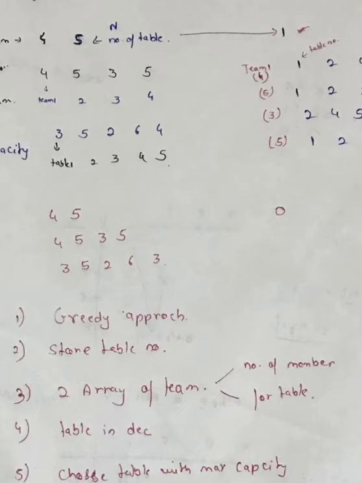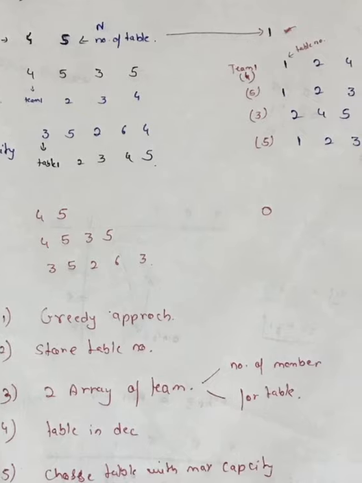Second, you need to maintain 2 arrays, one to maintain the number of members in each team, and another to maintain the total number of tables. Now you need to sort the tables in descending order according to capacity. And for each member of every team, greedily choose the table with maximum capacity, assign it to that member, and then reduce the capacity by 1.